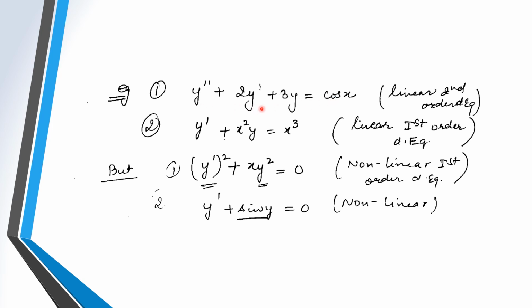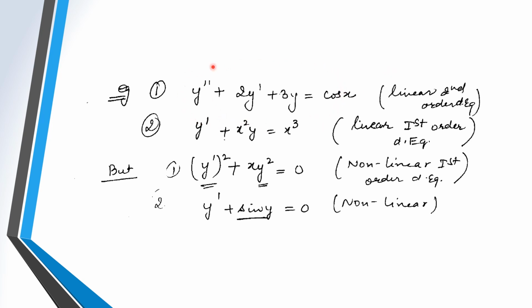If we compare with the previous slide, the general form is a naught times the nth derivative of y plus a1 times the n minus 1th derivative of y and so on is equal to a function of x. Here these are constants, and here we have a function of x also. So this is a linear differential equation.